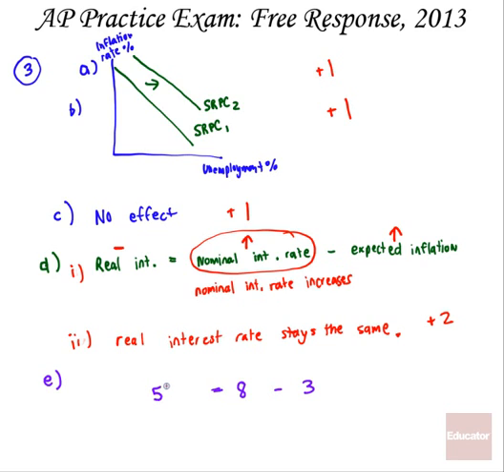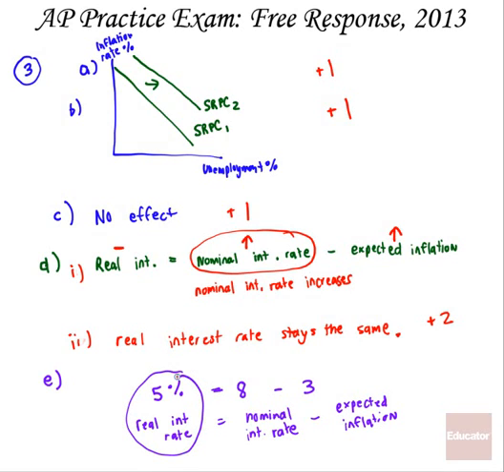The answer is 5%. So the real interest rate, remember, equals the nominal interest rate minus expected inflation or inflation, and you have 8% nominal and you have 3% expected inflation, so the answer is 5%.